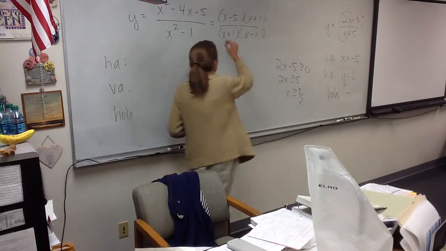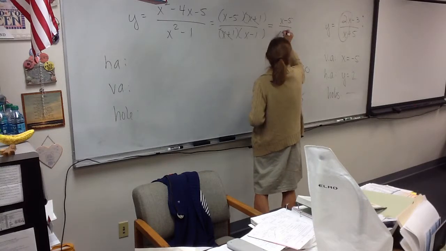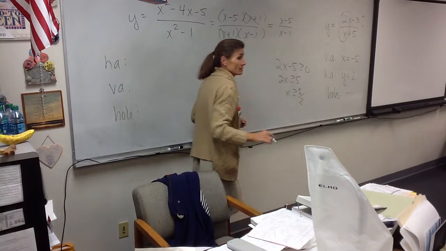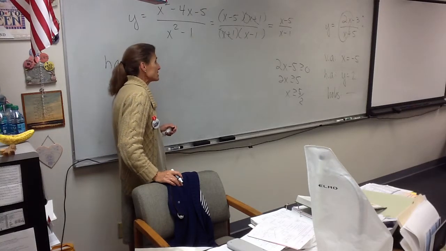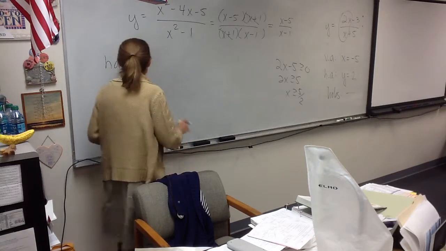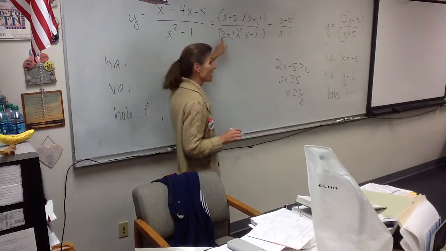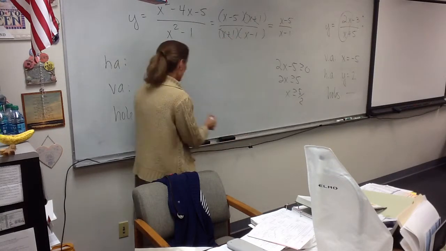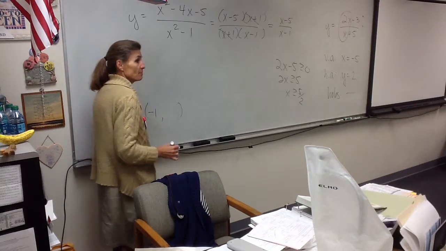I can cancel out the x plus 1s, and my new problem then is this. Now, what does it mean to me that I could cancel out an x plus 1? I'm going to have a hole. The hole is going to be where? I canceled out x plus 1, so the hole will be where x is -1. It's always the opposite.